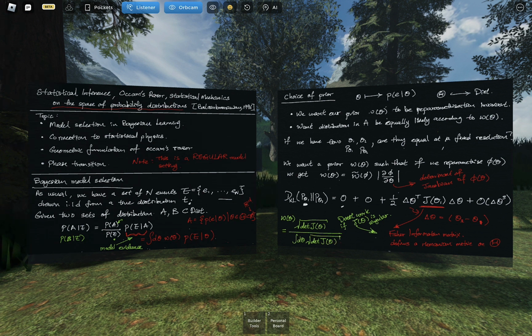Even just looking at the form of this prior, we know that this prior is not supported whenever the Fisher information metric is singular, meaning the determinant is 0. So it immediately wipes out any place in the parameter space where things are singular.